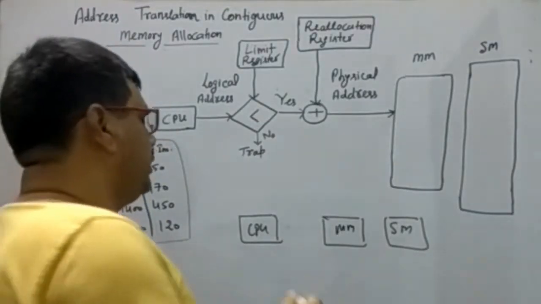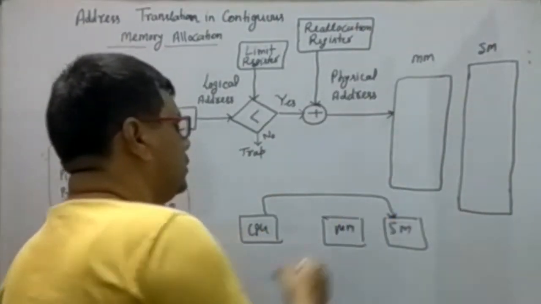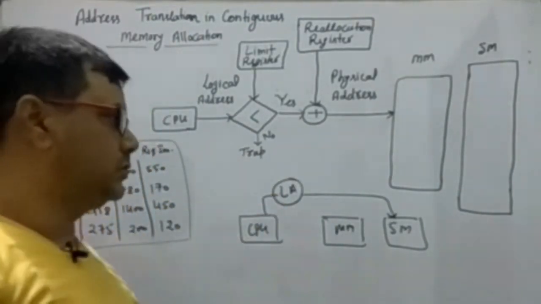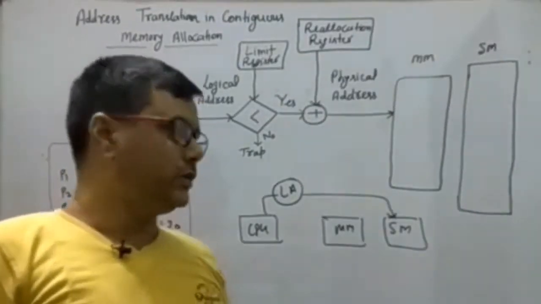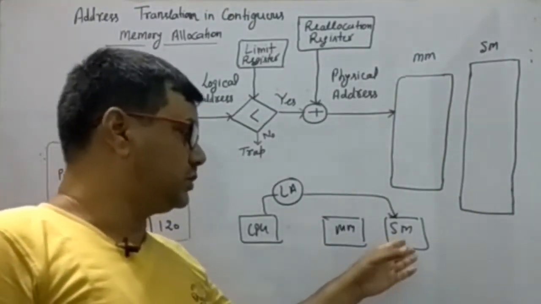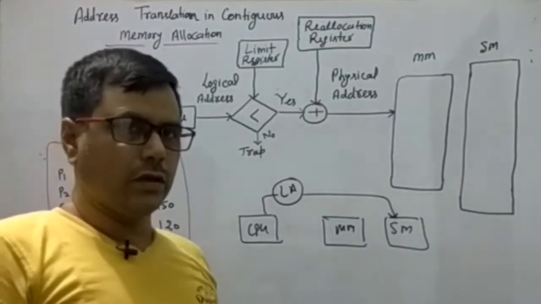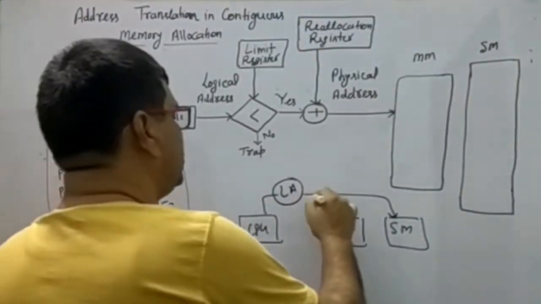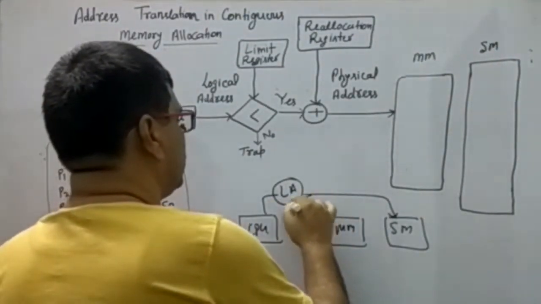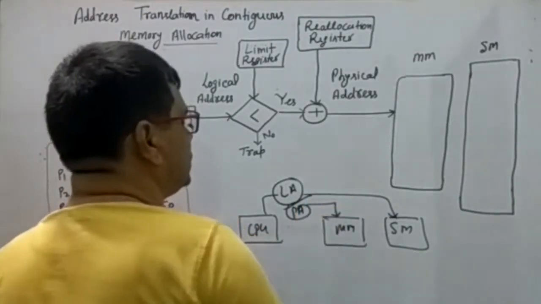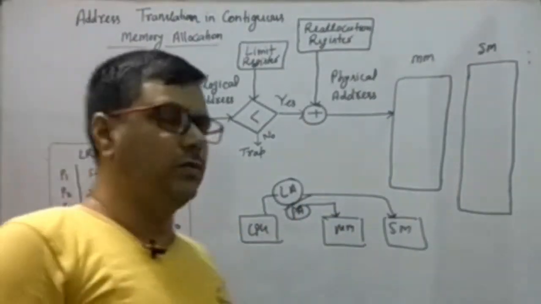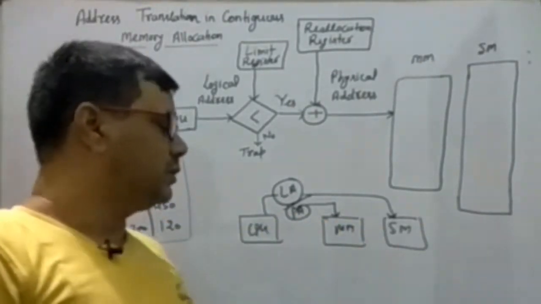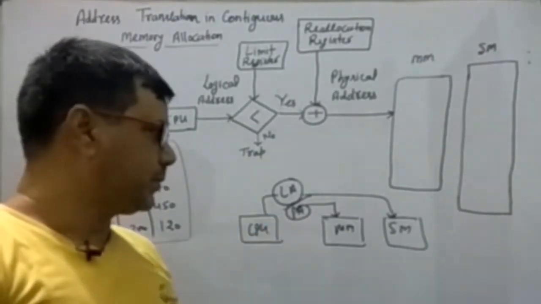First of all, the CPU generates a logical address as per the size of the process in the secondary memory, and that logical address gets mapped into the physical address. This physical address is available in the main memory. The main memory address is known as the physical address. So this is the whole process of address translation.